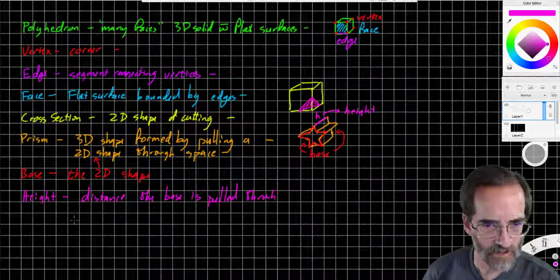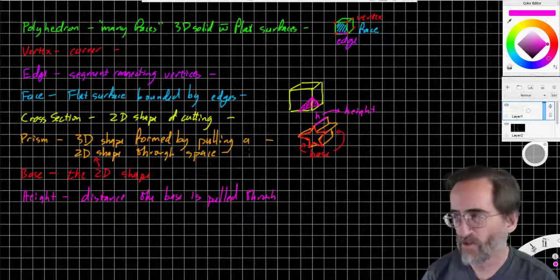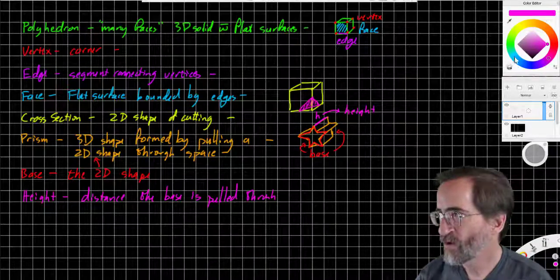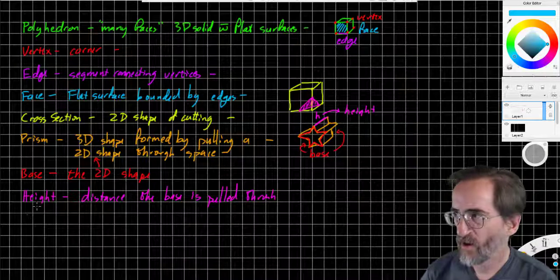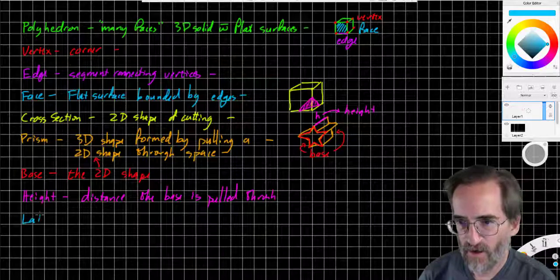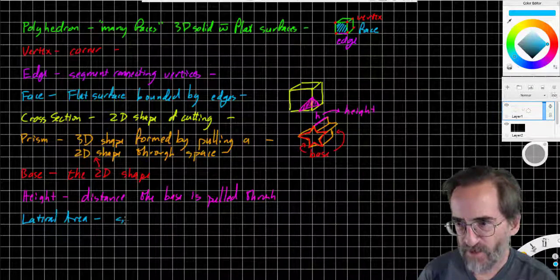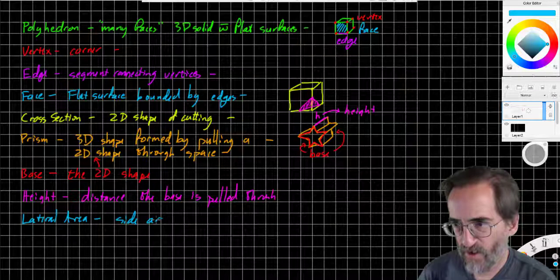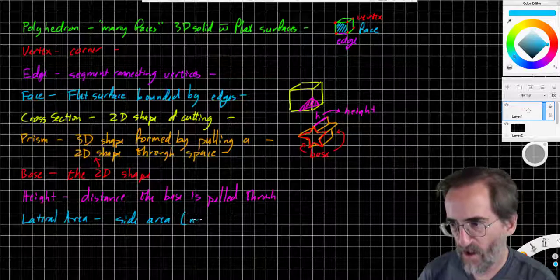Okay, let's go with, I want to make sure we've got everything. Oh, lateral area. The side area, not the bases.